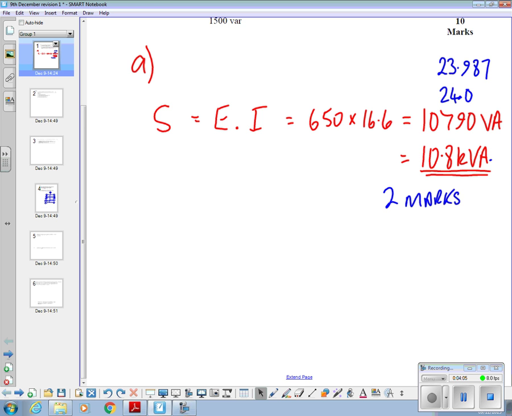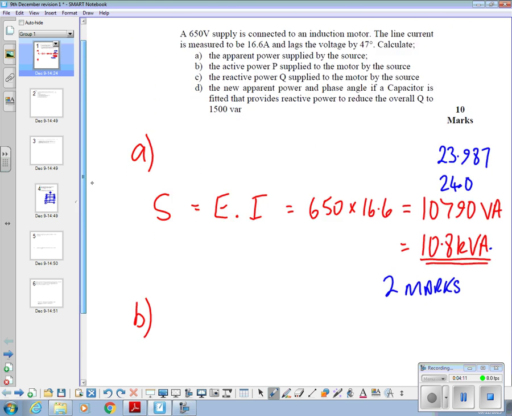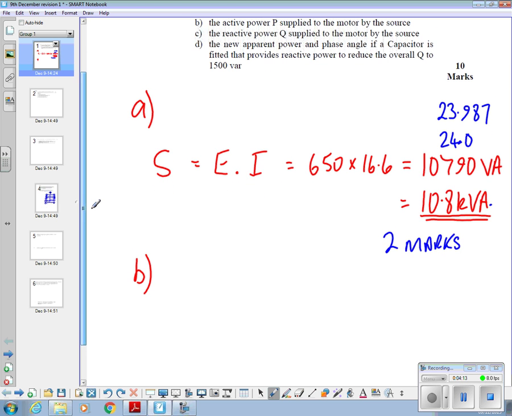Part B. Luke, active power. I worked it out using the trigonometry function: cosine 47 degrees equals adjacent divided by hypotenuse. Cosine 47 degrees is equal to P over S, yep.